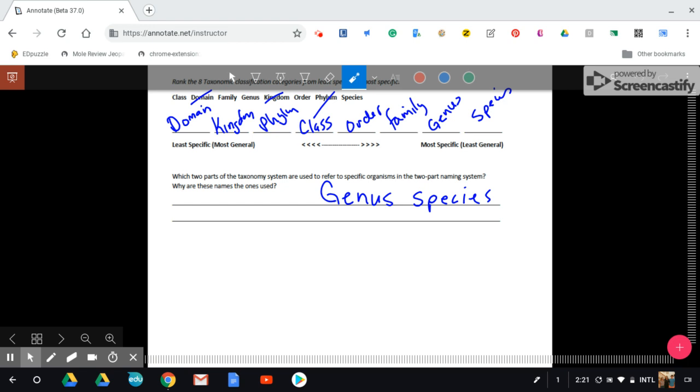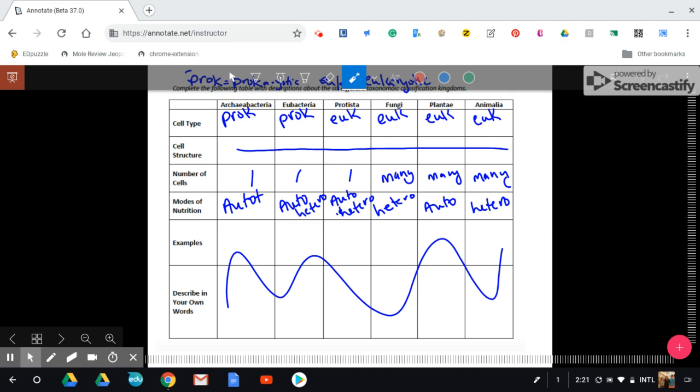All right. With taxonomy, you need to know the order. It's always domain, kingdom, phylum, class, order, family, genus, and species. The two names that make up the scientific name are the genus and the species. In this chart, just remember prokaryotic and eukaryotic cells, okay?